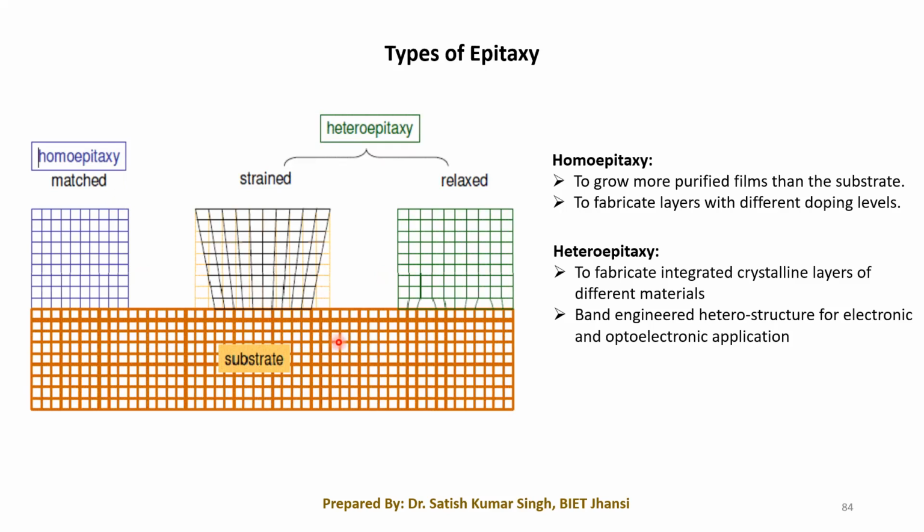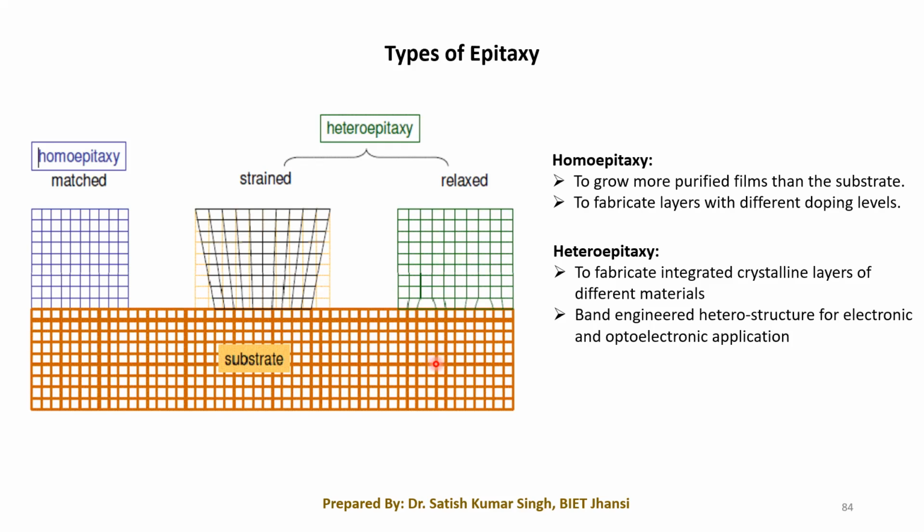Therefore, the layer that we deposit onto this substrate, because these two materials are different, will either form a strained layer because of the lattice mismatch, or a relaxed layer, or a compressed layer. So that type of layer can be formed.